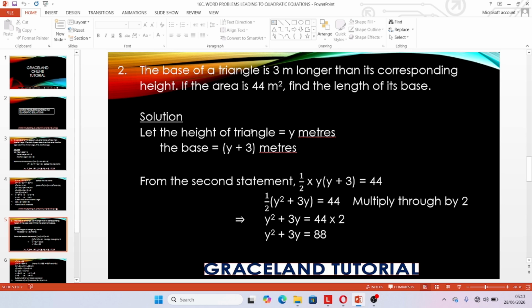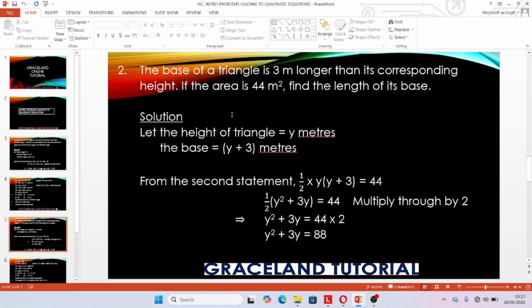Let's assume that the height of the triangle is y meters. And since the base is 3 meters longer than the height, the base is going to be y plus 3 meters.